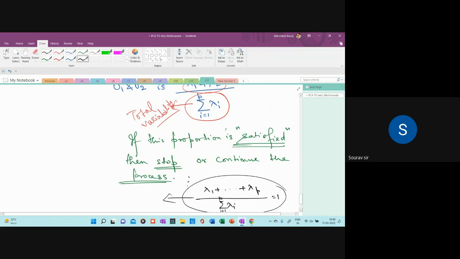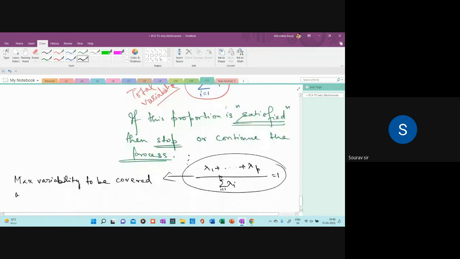We want the maximum variability to be covered with the minimum number of components, or minimum number of PCs, principal components.